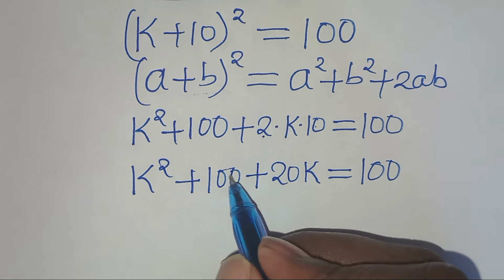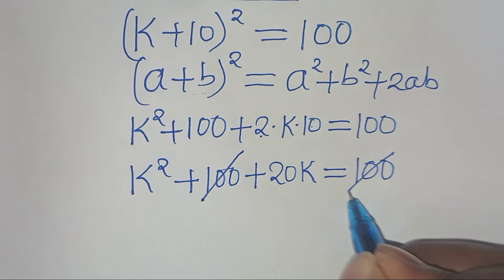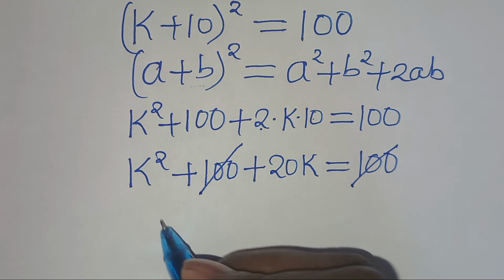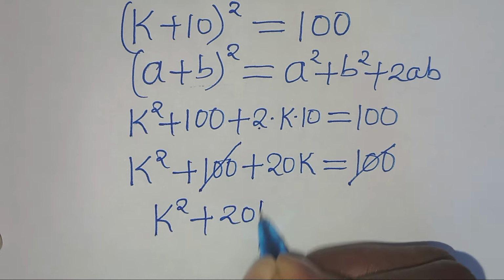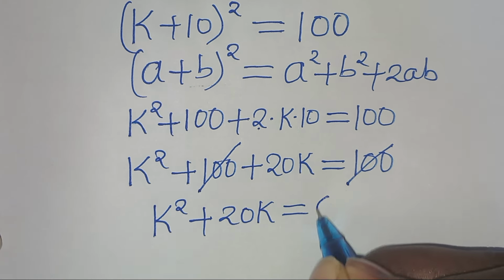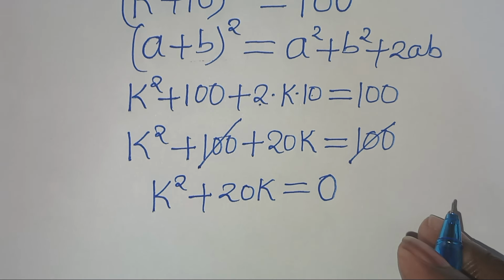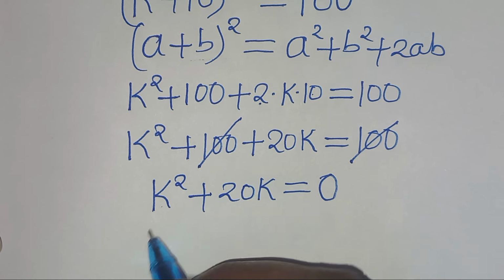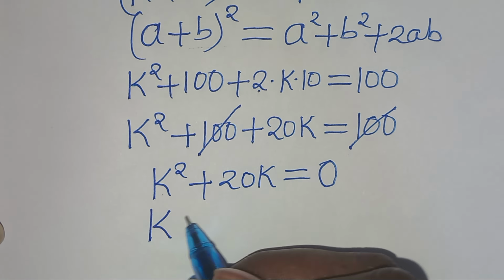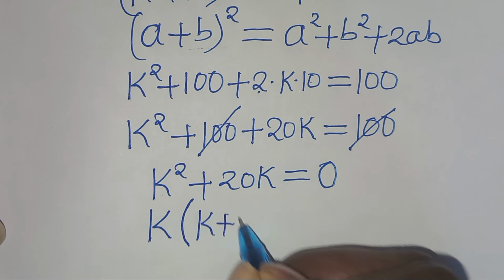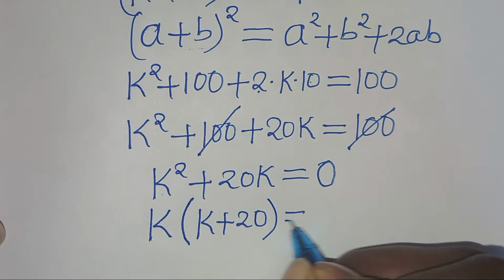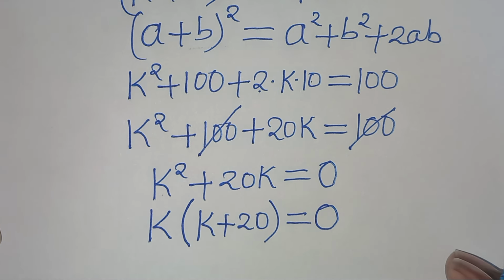The 100 on both sides simplifies, so that we have k squared plus 20k = 0. Since k is common, we can factor out k, so that we have k(k + 20) = 0.